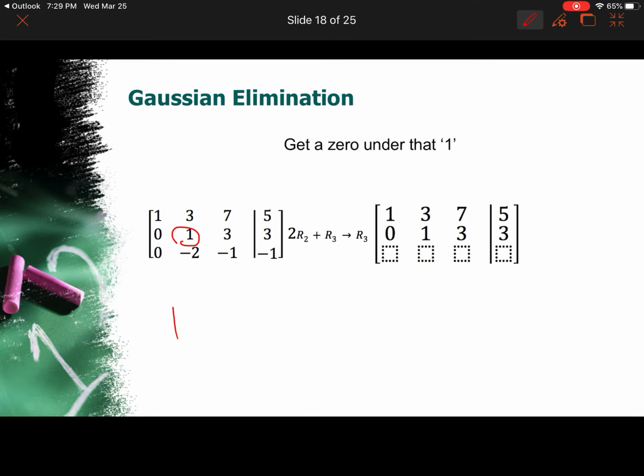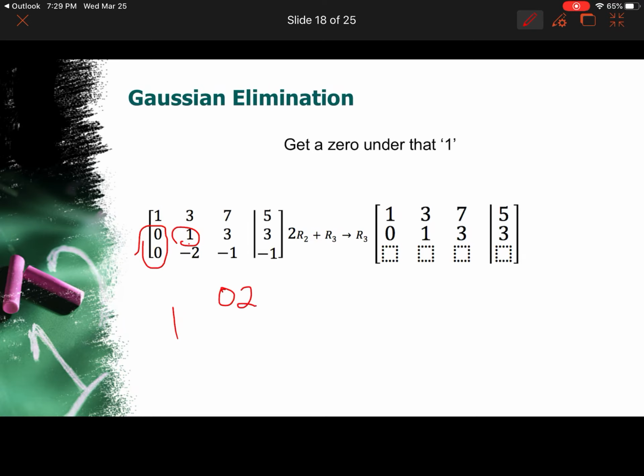So now I need to get a 0 right below it. I'm going to use that 1, multiply by 2 and add it to the third row. Now, this time it's okay. I won't mess anything up because these are both zeros, so that won't interfere. So I'm going to multiply row 2 by 2.